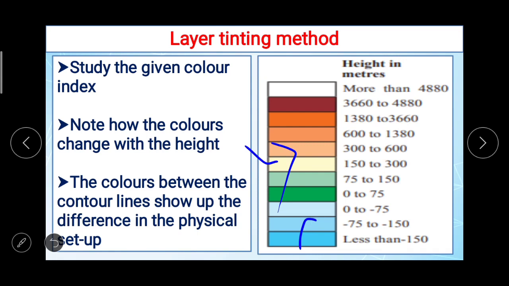Then the adjoining land is colored dark green, and the land higher than that is colored a light green, next higher land is colored yellow, this one, and then so on, you can see. So in this, how the colors change with the height, the colors between the contour lines show up the difference in the physical setup.